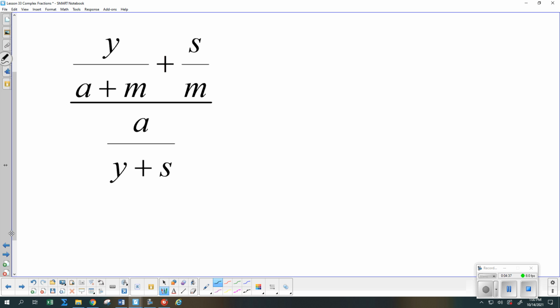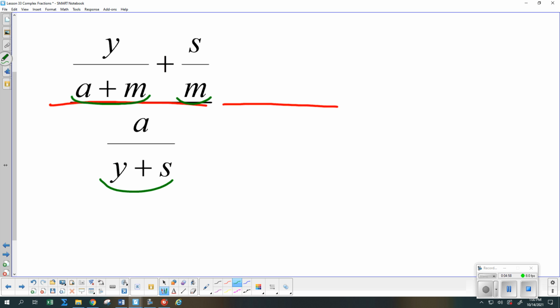So this one's messier. I've got pluses in the different denominators. So I'm going to do the same thing. I am going to line up my main fraction bar. I am going to identify my little denominators, which are a plus m, and y plus s.